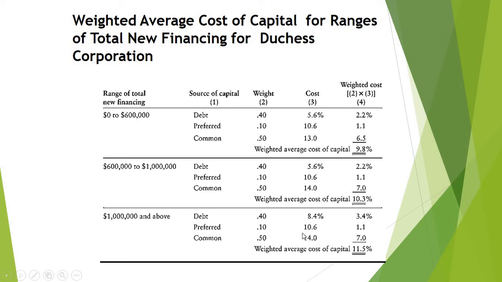So when the firm raises more capital, the riskiness of the firm increases. In the meantime, for common stock, investors need more return against a firm with $1 million or more capital.